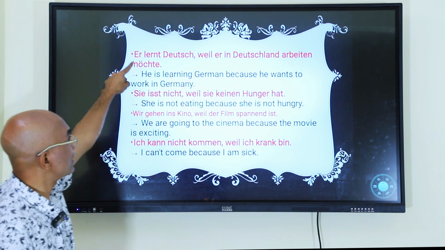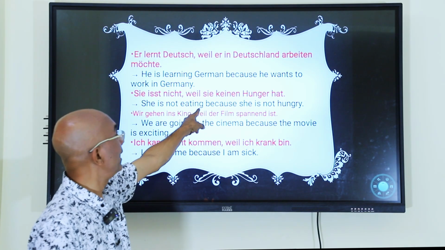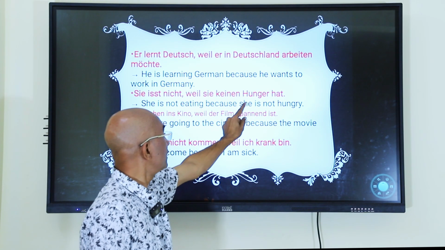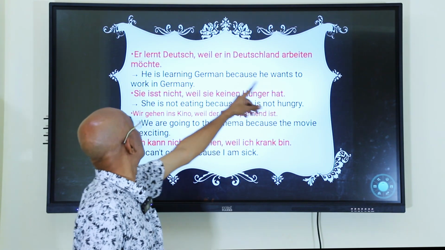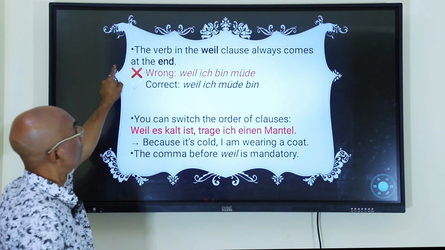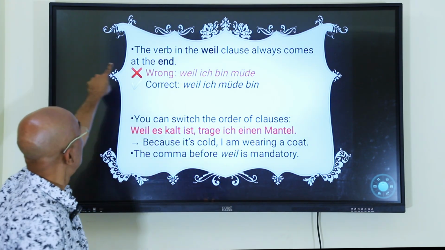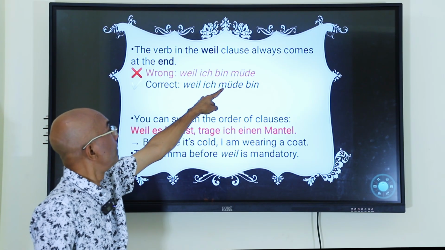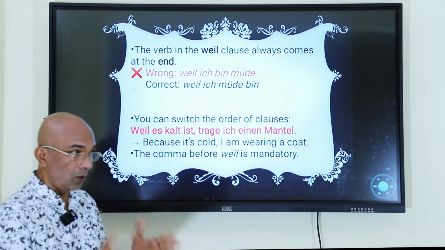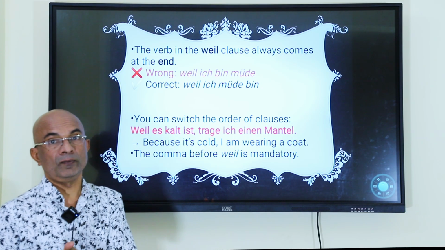So here, look at the sentence construction. Whenever we use "weil", the verb goes to the end of the sentence: hat, ist, gewesen, arbeiten, musste, all these things. So when we use "weil", always remember, "weil ich müde bin" is correct, not "weil ich bin müde".